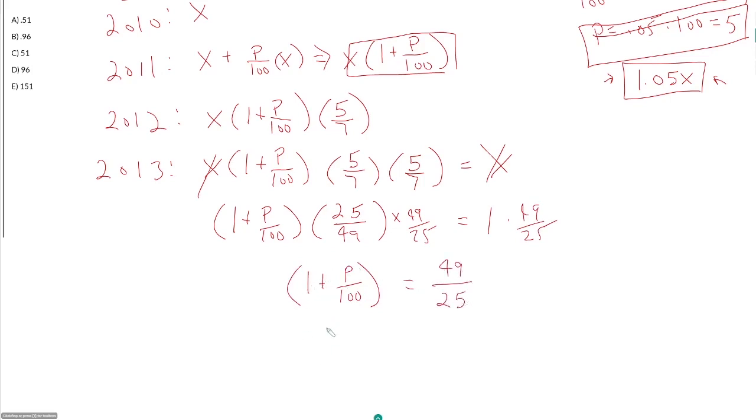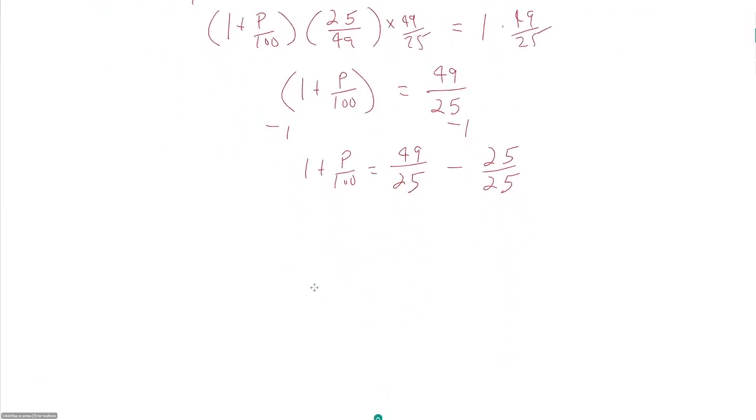Now I need to subtract 1 from each side. So I get 1 plus P over 100 is equal to 49 over 25 minus 1. But I see I need a common denominator here, I can write that as 25 over 25. So this gives me 24 over 25.